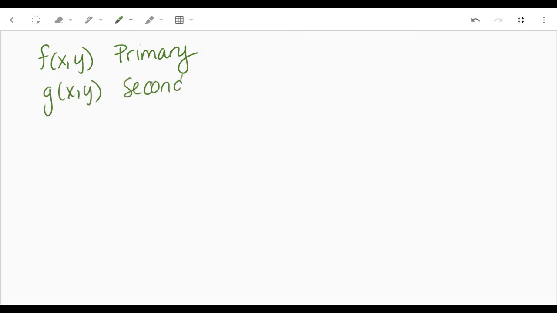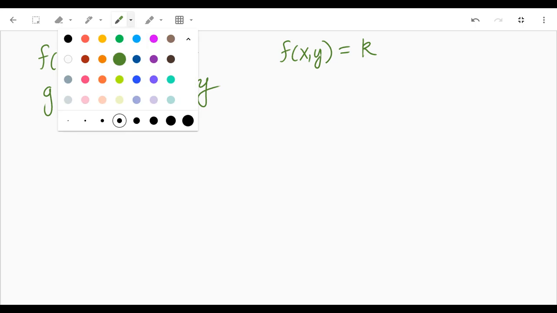So we're going to look at kind of a different idea here where f of x, y is your primary, and g of x, y is your secondary. Okay, so think about level curves. If f of x, y is what we're trying to maximize or minimize, then k could be different values of f of x, y.